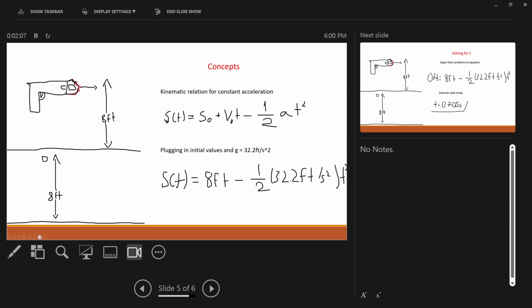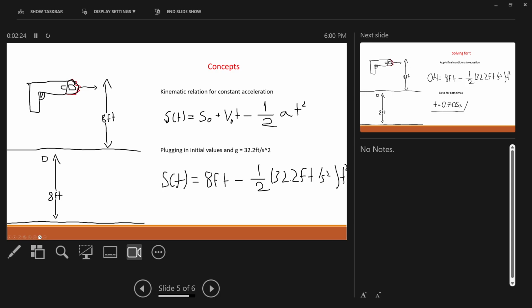And to find the final time, we will be using the kinematic relations for constant acceleration equation, which is here. And once we plug in our initial value and the value of gravity, we get this equation here.